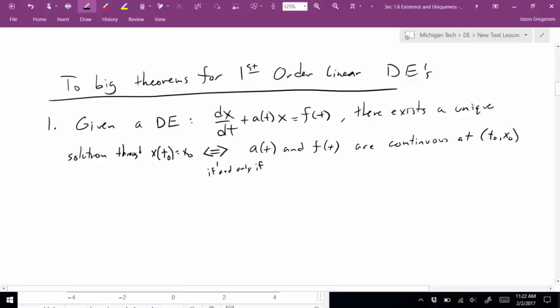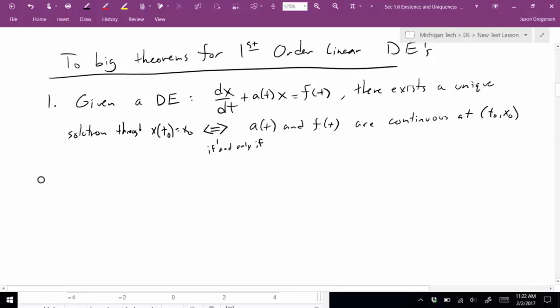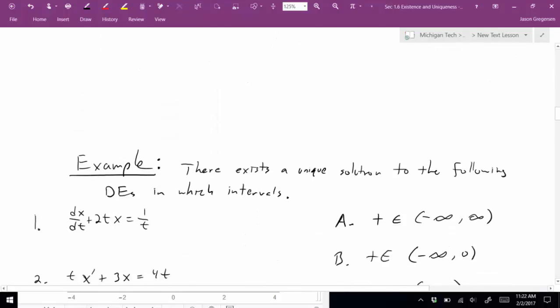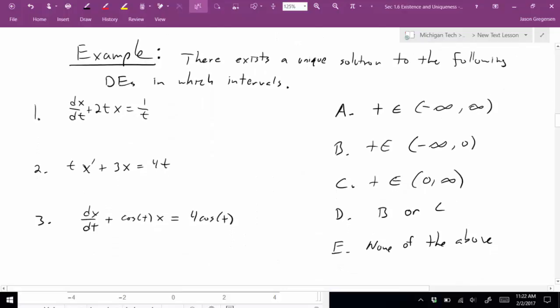So a lot of this is going to be related to the initial condition. Okay. All right. So we got to check A and we got to check f. Let's see if we can see what that means here.